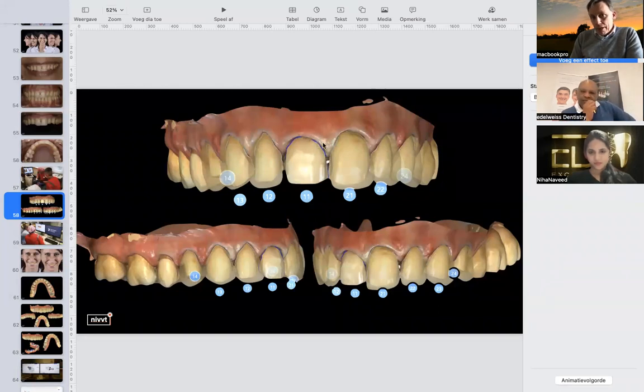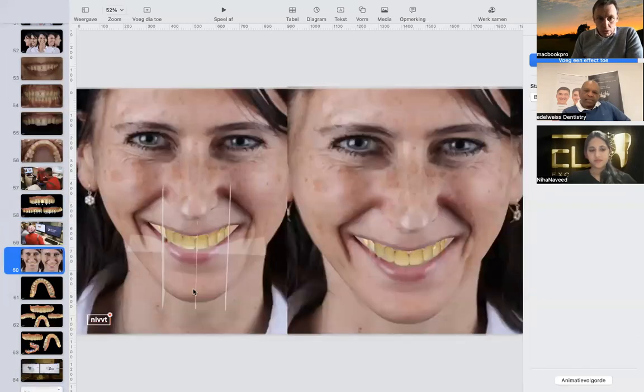I went inside the pocket to respect the biological width, because I want to get this lengthening of this tooth on the same level like the 21. And this is what we showed you here also in the perspective of the smile design.